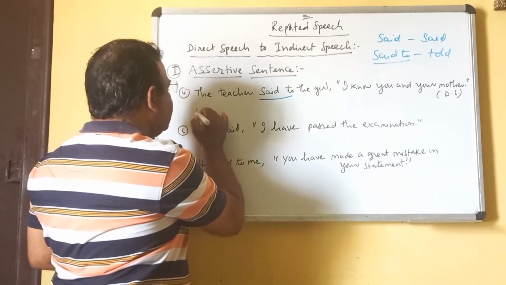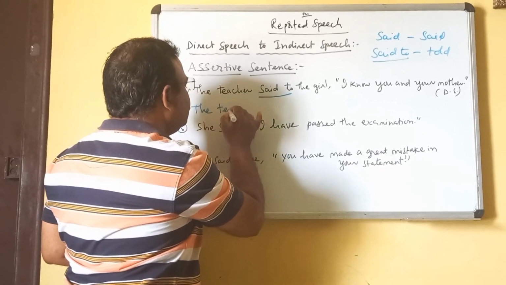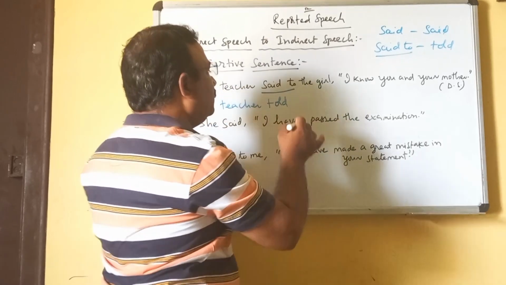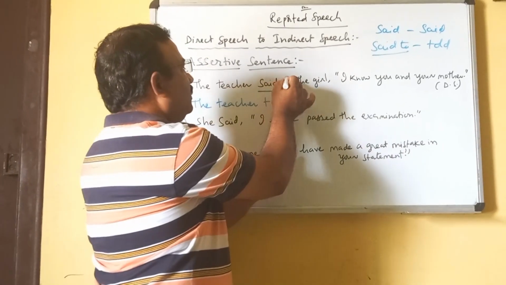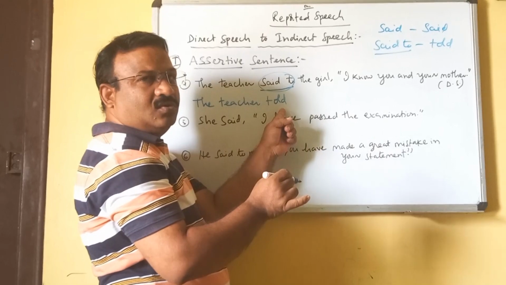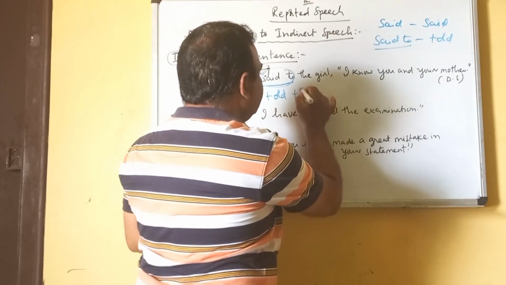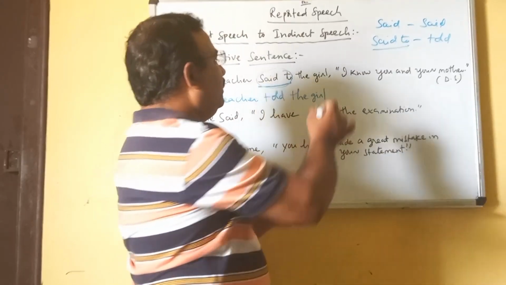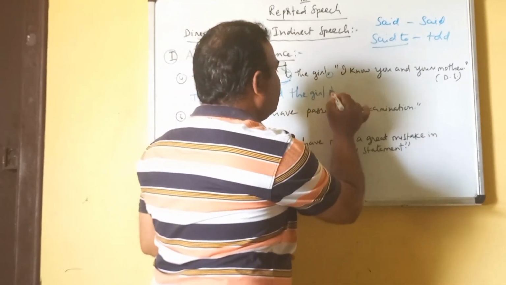So the teacher told the girl. In place of said to, you have to use told. Remove the comma and put the conjunction that.